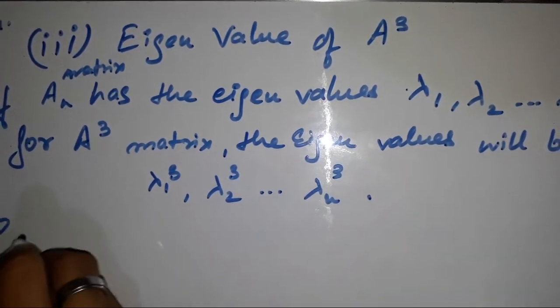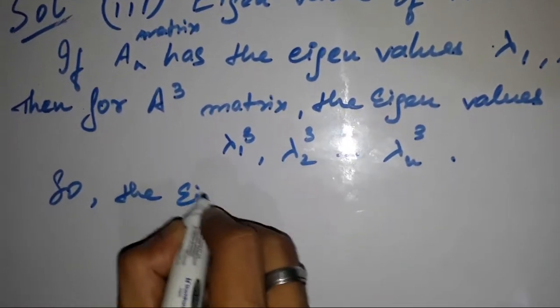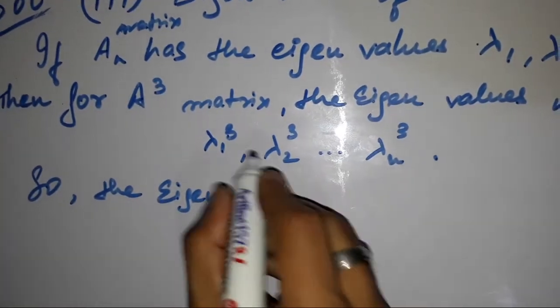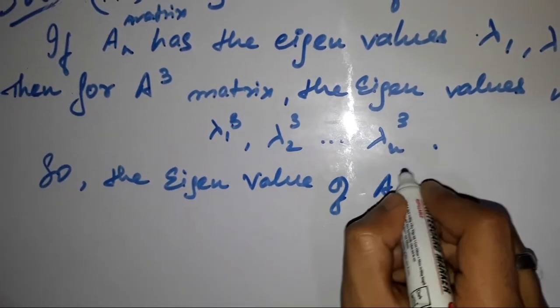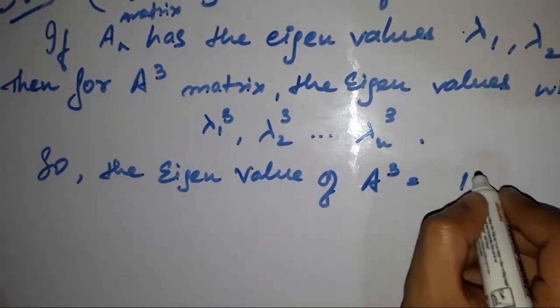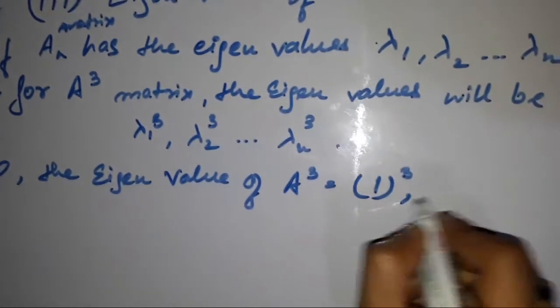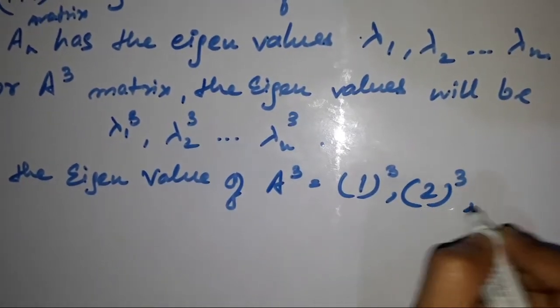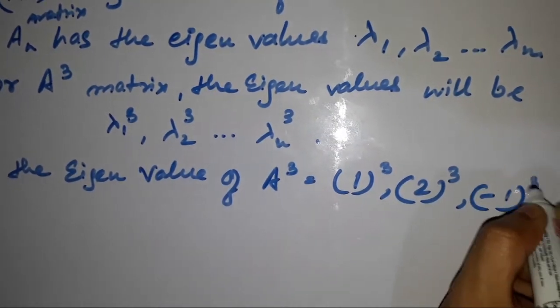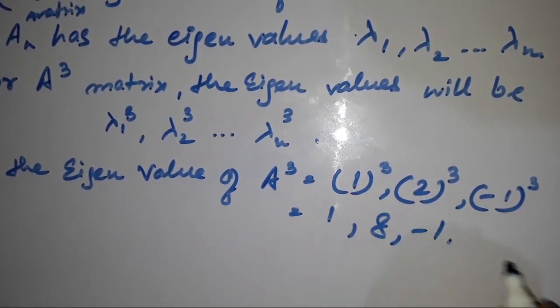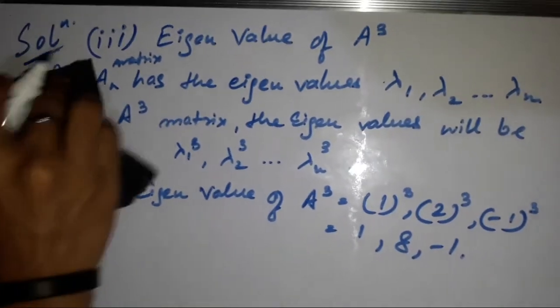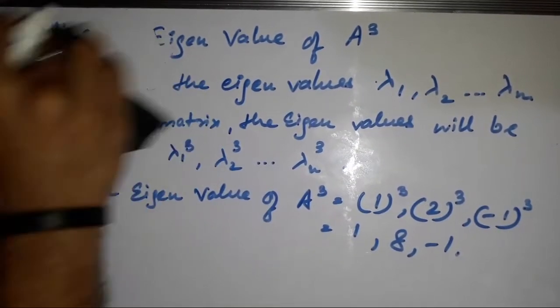So the eigenvalues of the matrix A cube will be 1 cube, 2 cube and minus 1 cube, that is 1, 8 and minus 1. This is the solution for the third part.